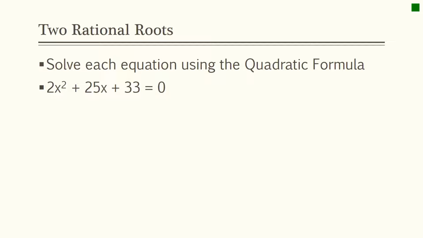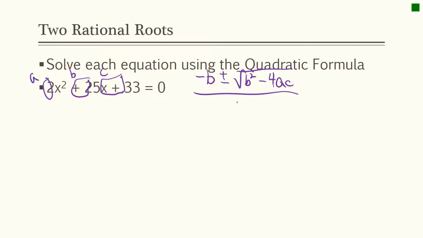So 2 is my a, 25 is my b, and positive 33 is c. The quadratic formula is negative b plus or minus the square root of b squared minus 4ac, all over 2a.